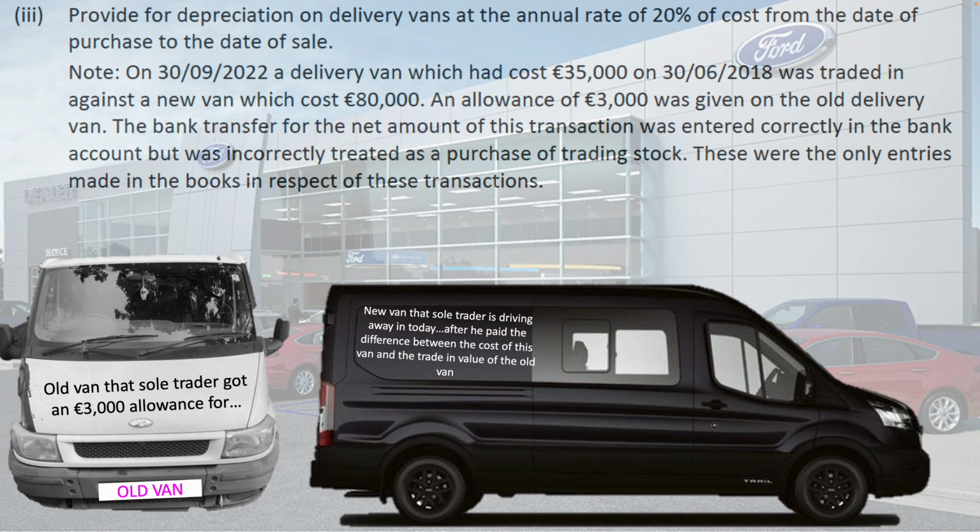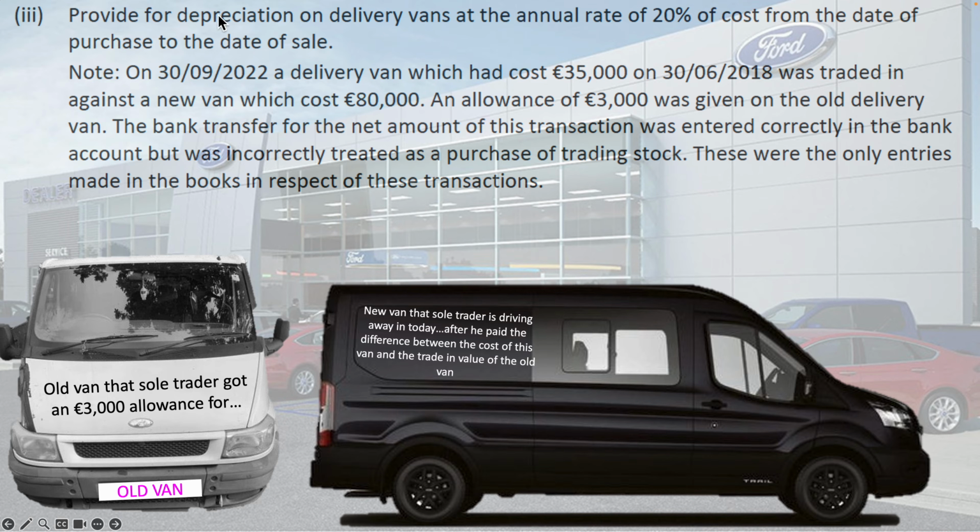So we have got an old van, okay, Leahy has an old van that they're going to leave with the Ford garage or the car dealership, and they are getting €3,000 for that old van. They're going to drive out in this new van here, which costs €80,000.